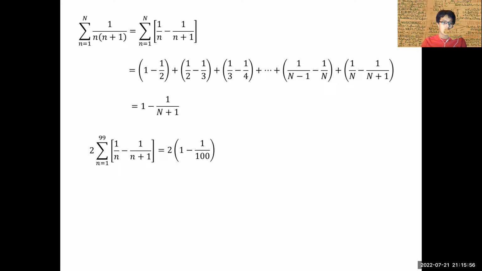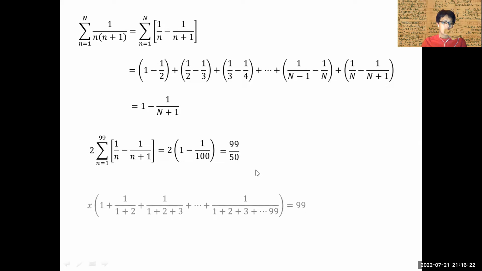If we substitute this in, the n term in this case is 99. So you have 1 minus 1 over 99 plus 1. 99 plus 1 is 100. So this is how I get this expression over here. Very simple. If I evaluate this, I get 99 over 50.